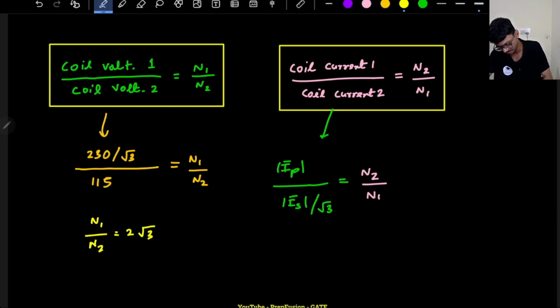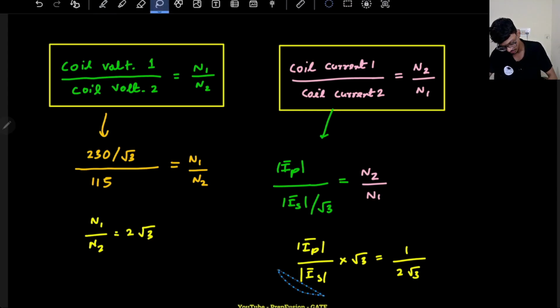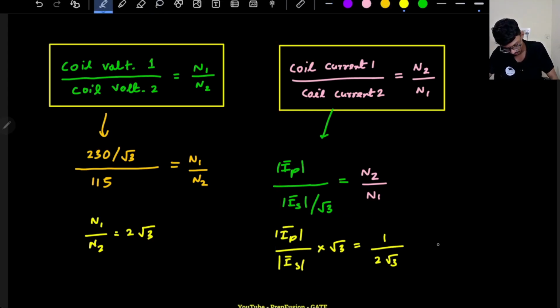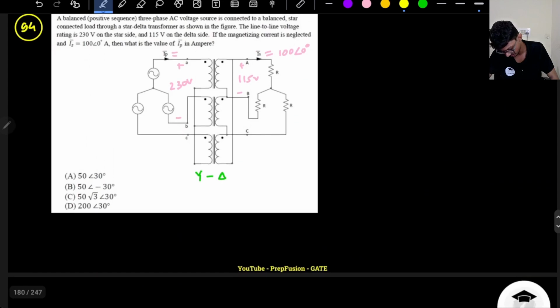So this is basically IP magnitude by IS magnitude into root 3 equals 1 by 2 root 3. Okay, because it is inverse, right? Yes. So actually the magnitude of IP comes out to be IS by 6. IS is 100. Okay, have I done something wrong?